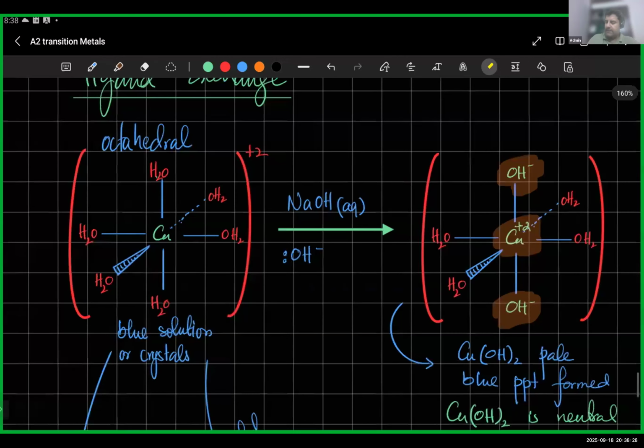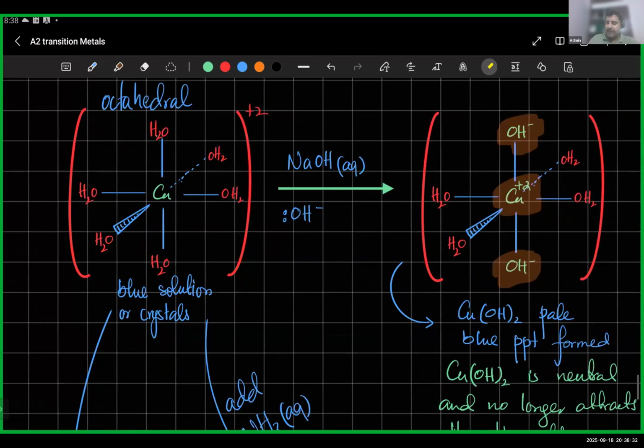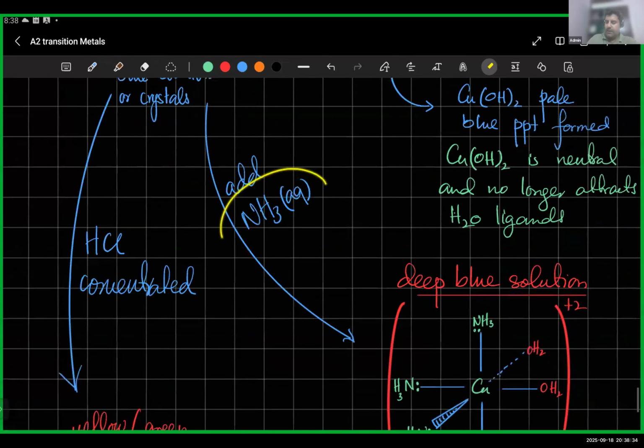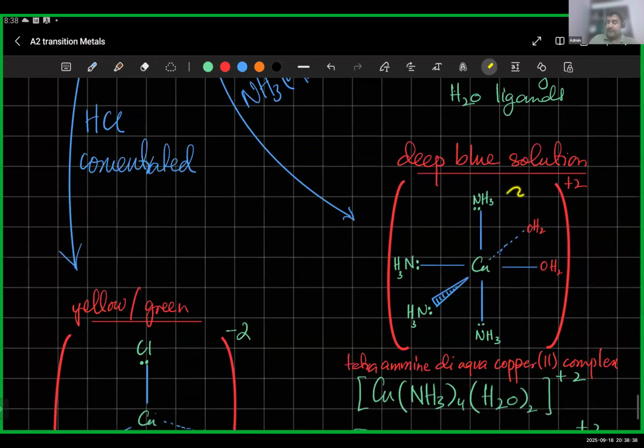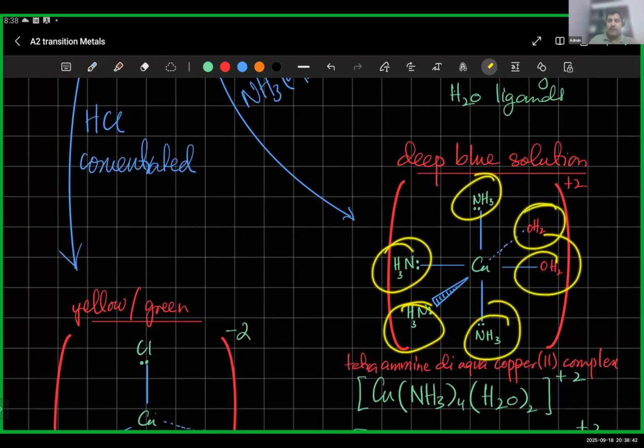OH is 17, that's small as well. Ammonia is N 14 plus 3, that's 17, also small. So you can have 6 of them surrounding the copper.